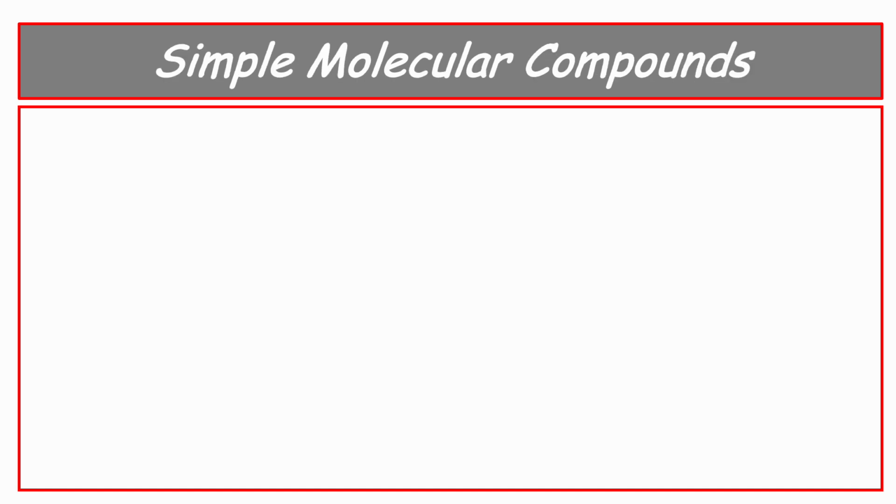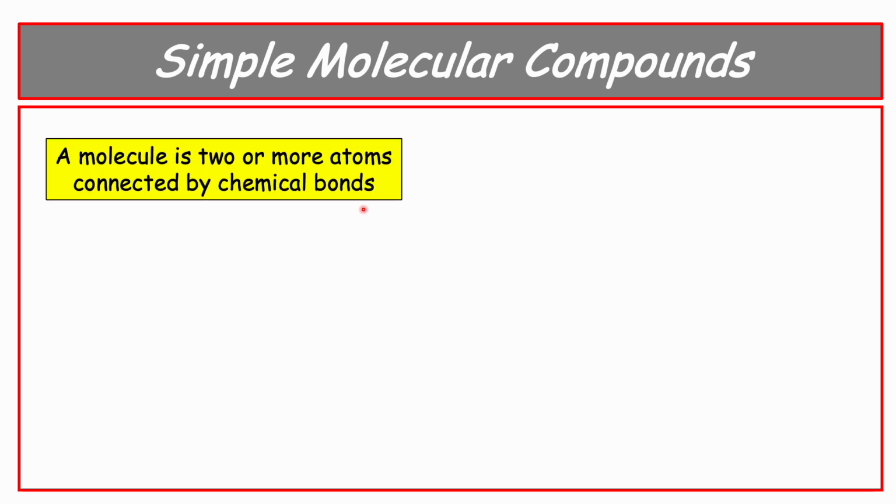So we're going to look at simple molecular compounds, and to understand this we need to understand what is meant by a molecule. So a molecule is 2 or more atoms connected by chemical bonds. So it's a small group of atoms joined by chemical bonds. And the word molecule itself applies only to covalent compounds.